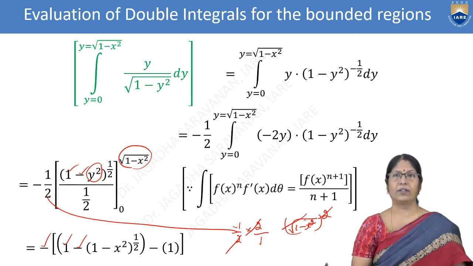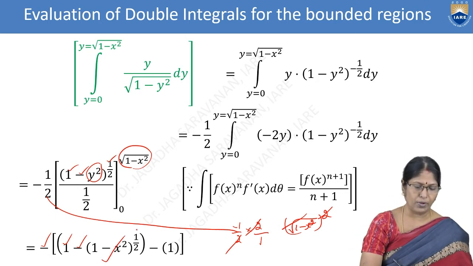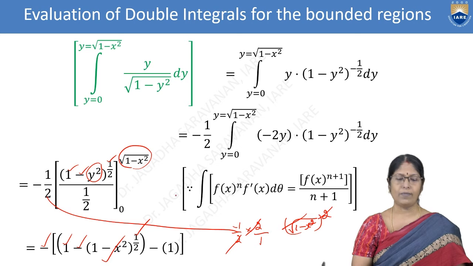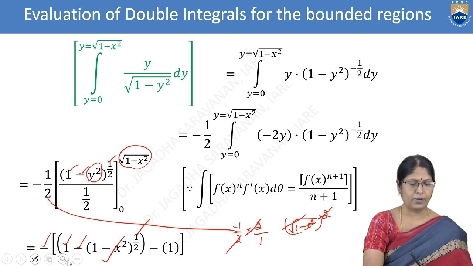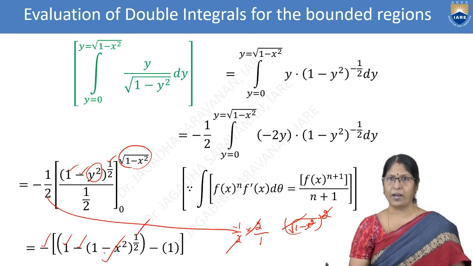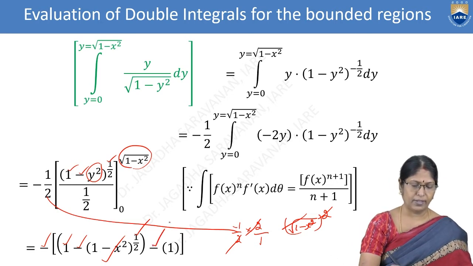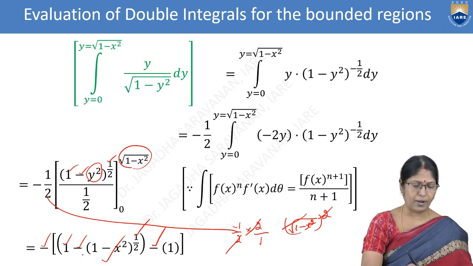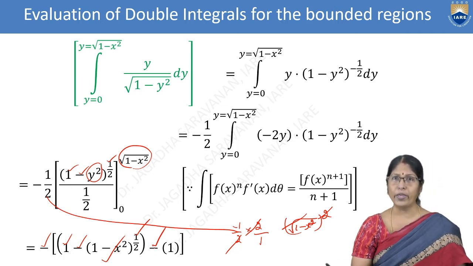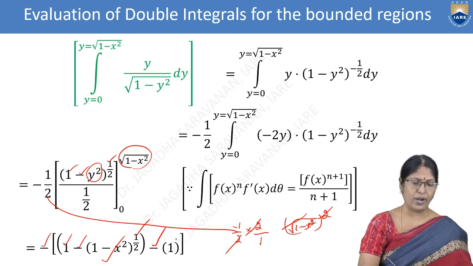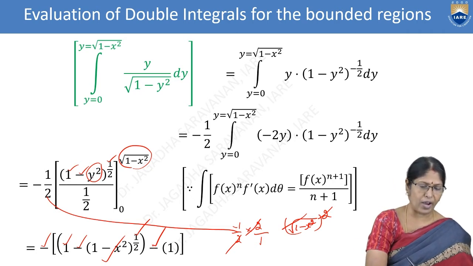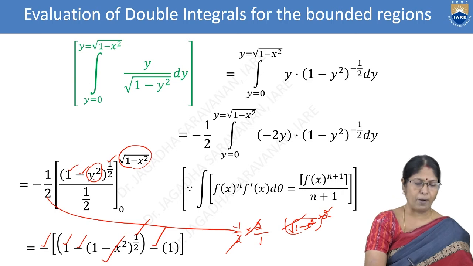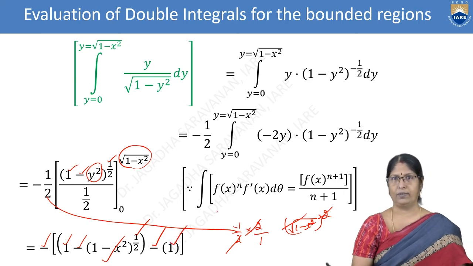This gets cancelled, so 1 minus x square. This 1 by 2 is written as it is. The work regarding the upper limit is completed. The formula is upper limit minus lower limit. For the lower one, in the place of y we substitute 0, so 1 minus 0 is 1.